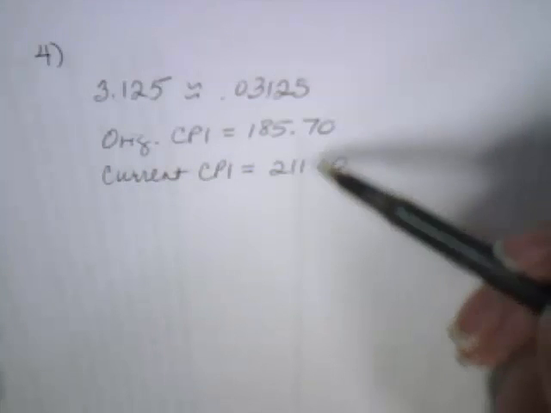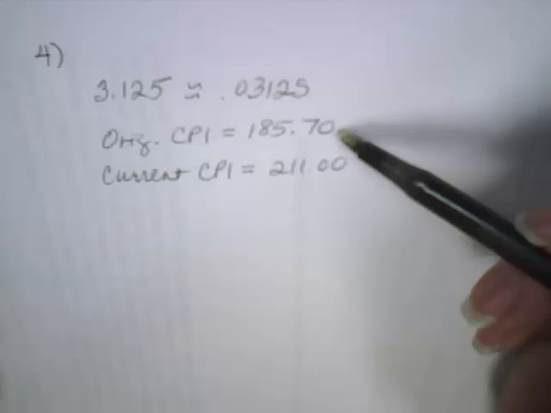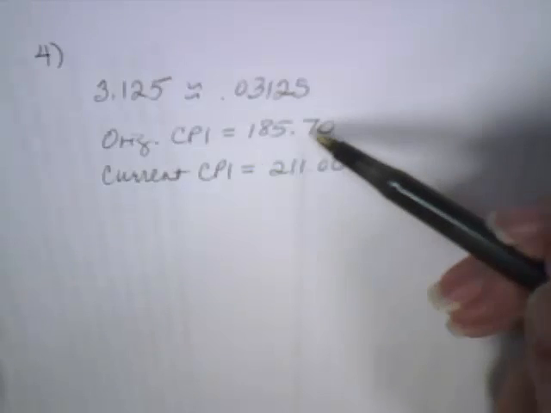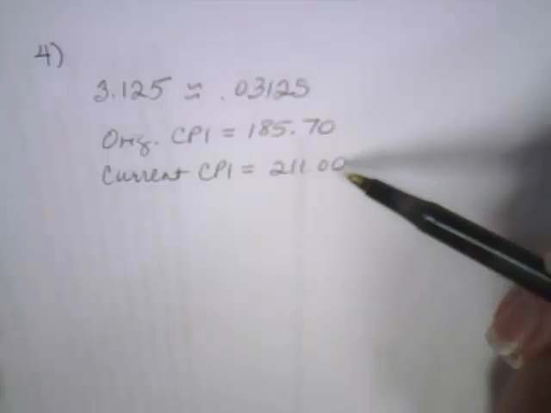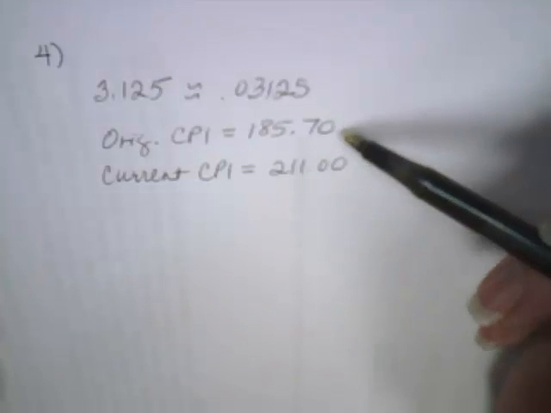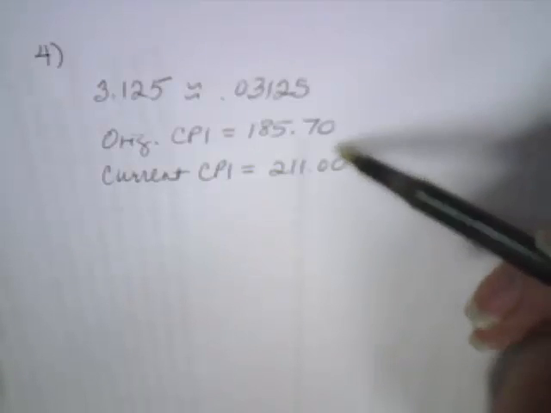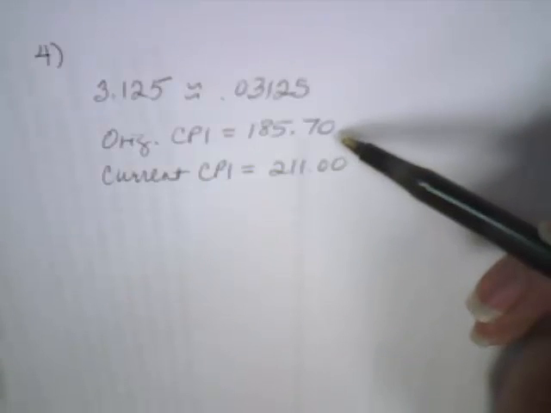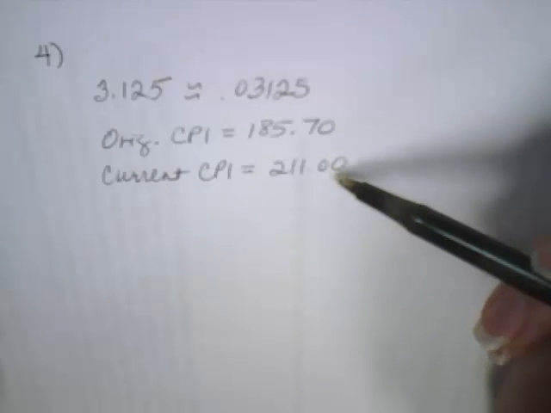Now we can look at these two numbers and say, well, if the original consumer price index was 185.7 and now it's at 211, well, the prices have obviously gone up. So we know that there's going to be an increase in the par value of these bonds, considering the higher consumer price index.